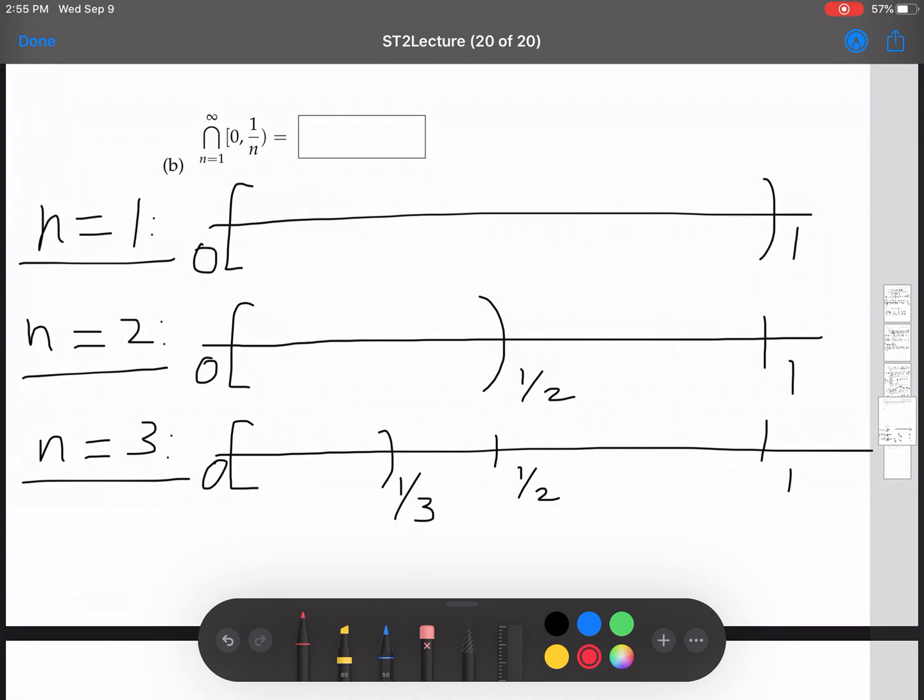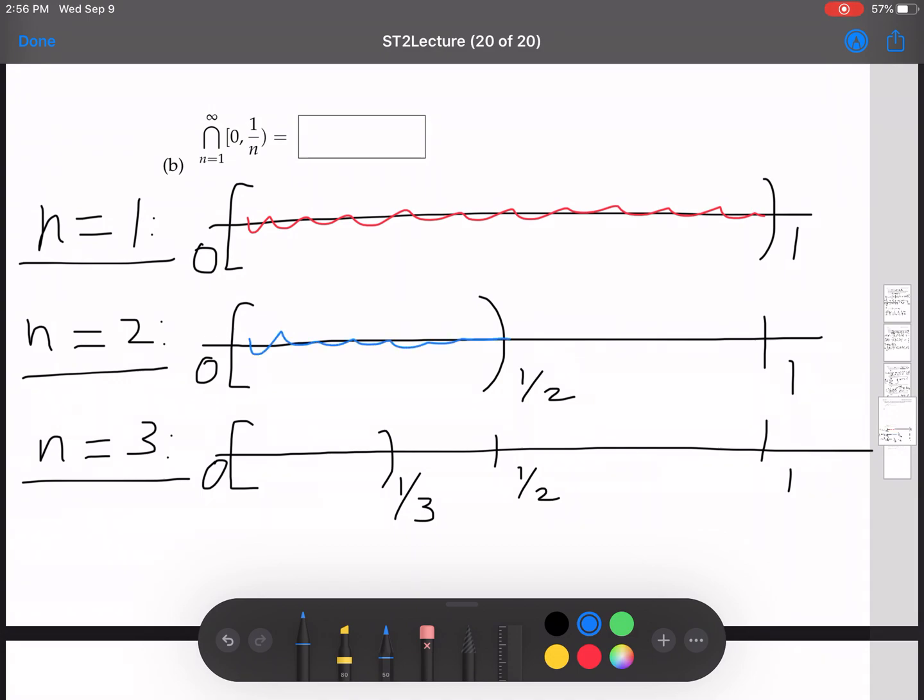All right, now think of this. Now we're doing intersection, right? So what's common to both of them?